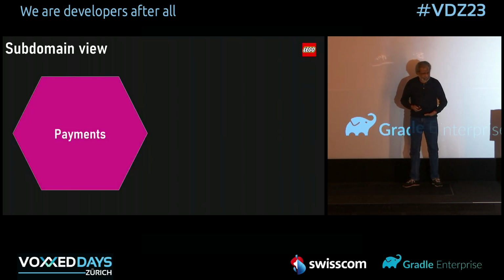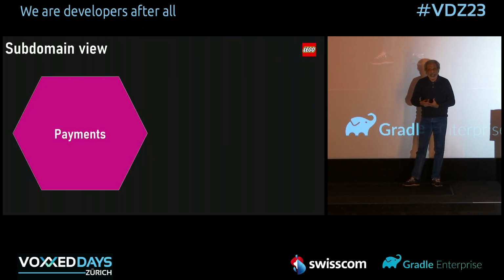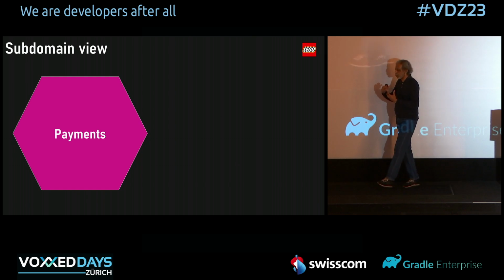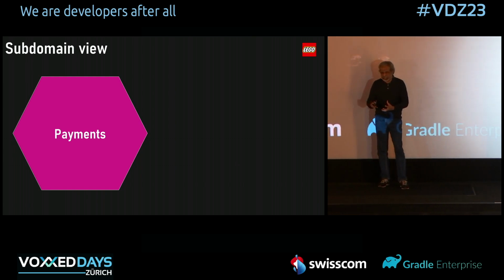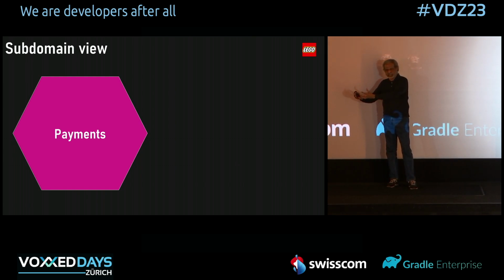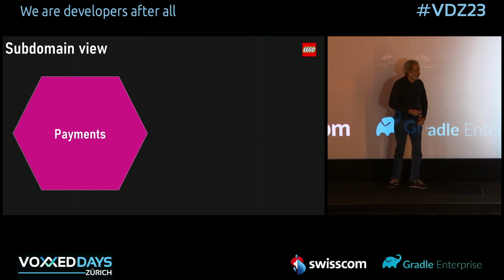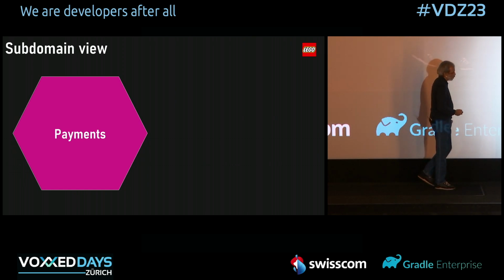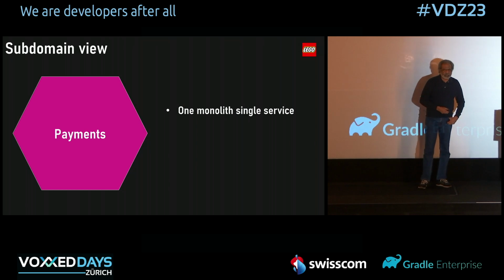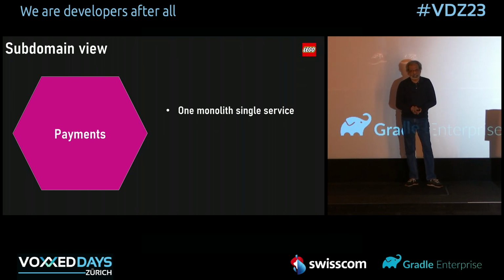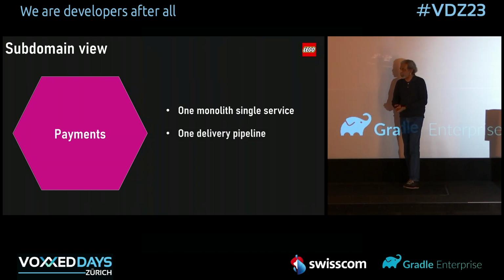Even in this case, when you break things down, you can do all the things that you do in isolation before you take it to production. Say, for example, here is a payments bounded context. You can easily put that as a single microservice and set up your pipelines and things like that.